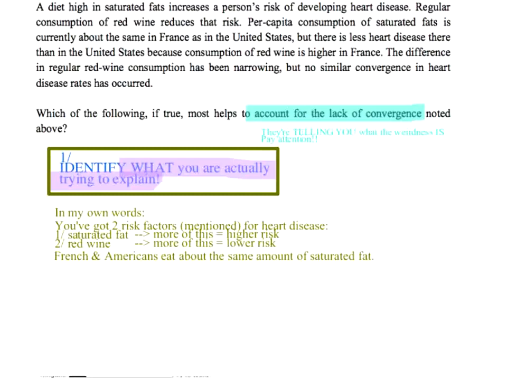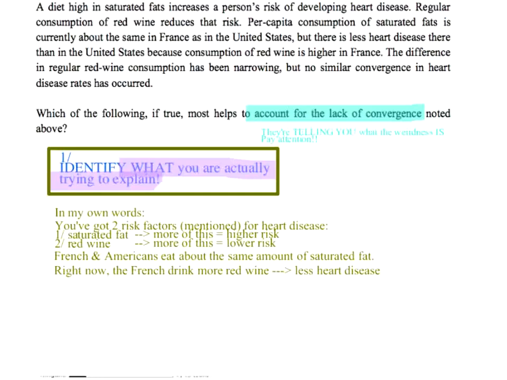Right now, the French drink more red wine and they have less heart disease. Is this weird? Yes or no? That is not weird, because we know that red wine lowers the risk of heart disease, so if the French are drinking more of it, this would actually make perfect sense. So that's not what we're trying to explain.